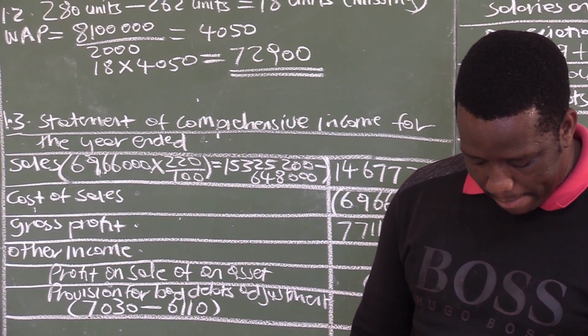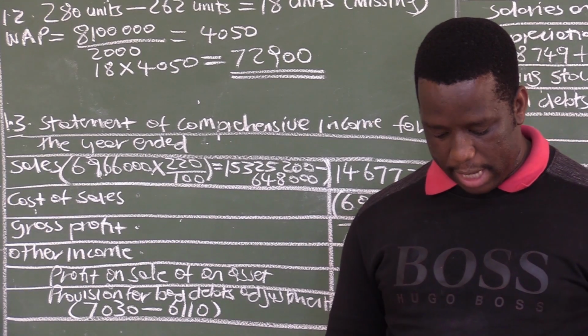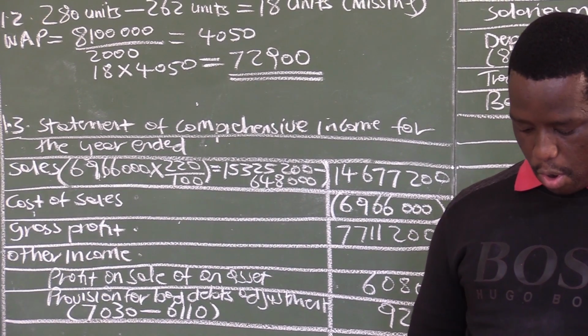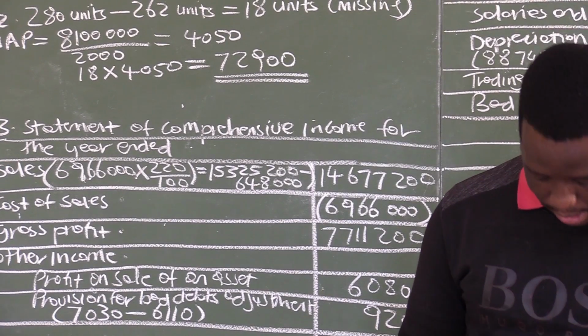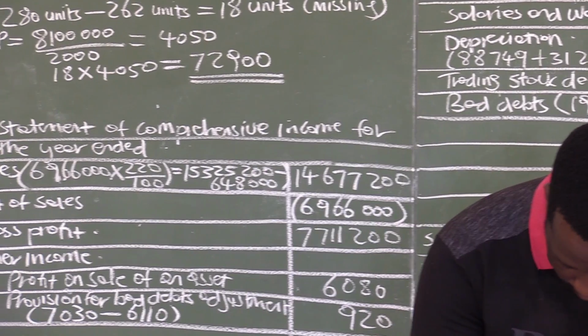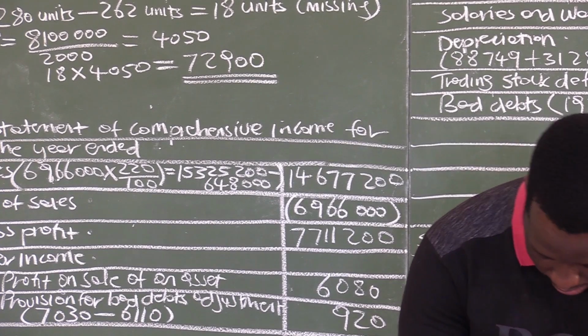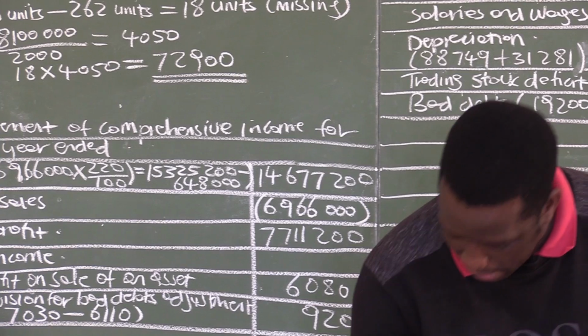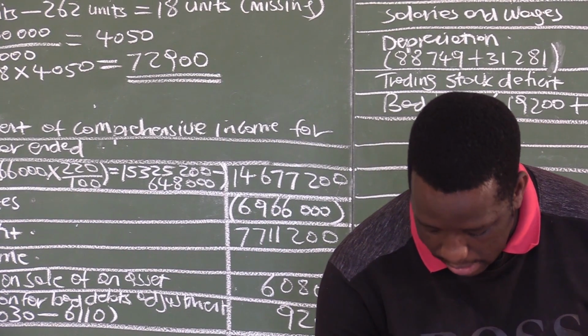Transaction F says 30% of the audit fees is still outstanding, which tells us that the audit fees that we are given there of 91,000 is 70%.